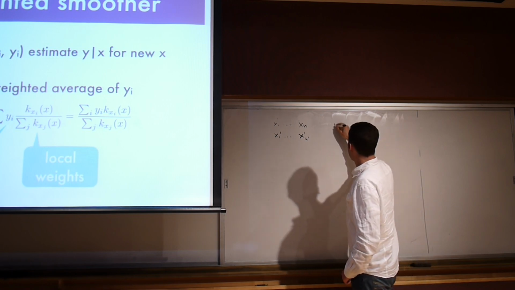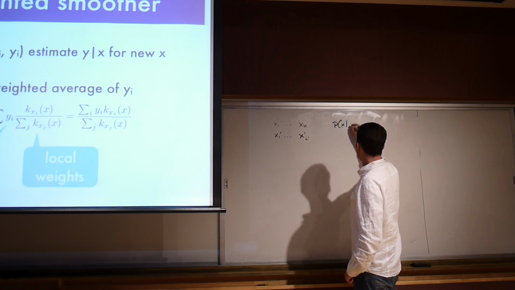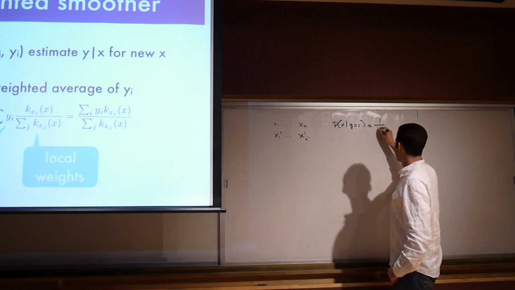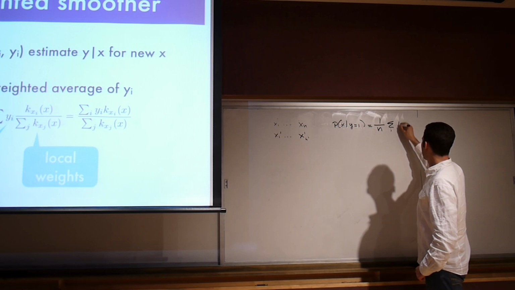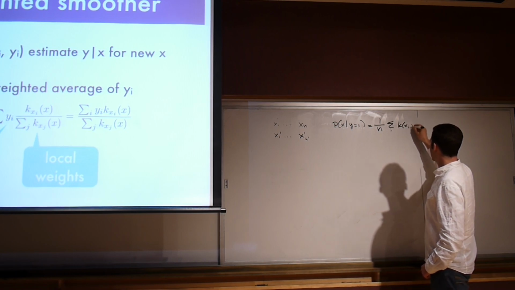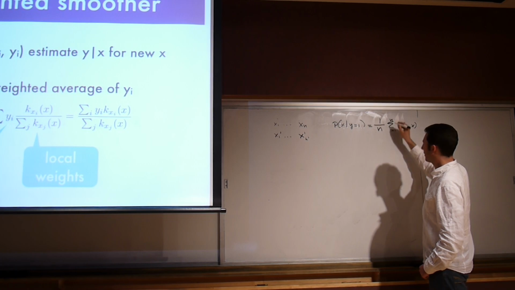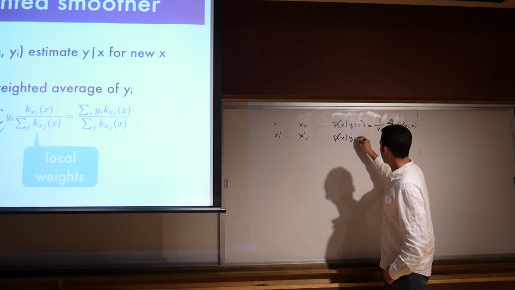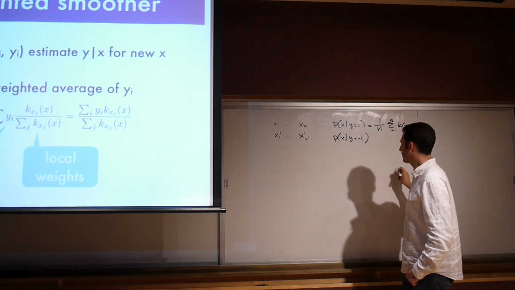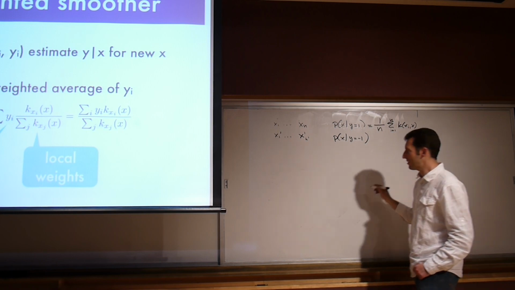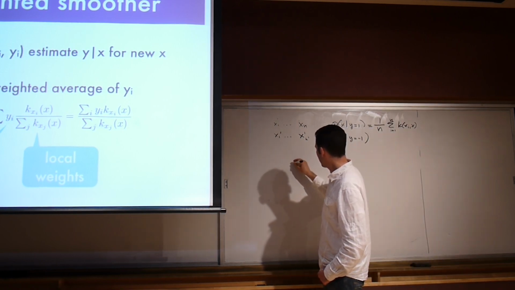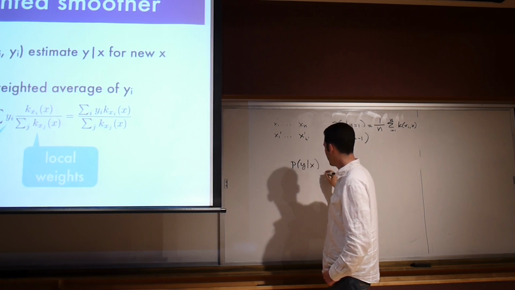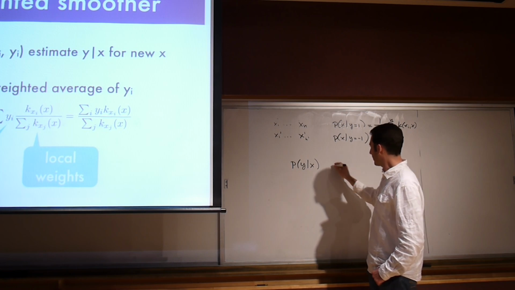So p of x conditioned on y equals 1 is just 1 over n, the sum over i of k of xi and x, i equals 1 to n. And we get the same thing for p of x given y equals -1. Now if I'm interested in getting p of y given x, I can work that out.